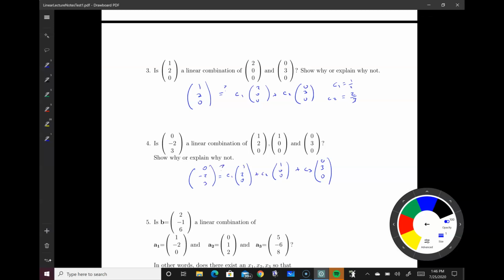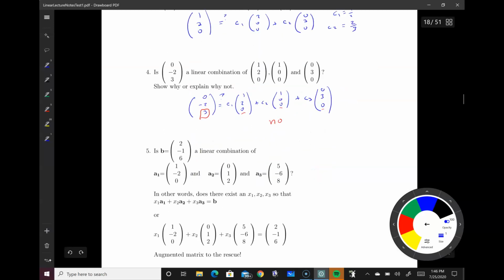Can I get to this vector here from a linear combination of these vectors here? I think not. Can you see I've got this entry right here, and each of these vectors has a 0 in the last entry, so there is no way that I can get a 3 in this last entry from linear combinations of those vectors.